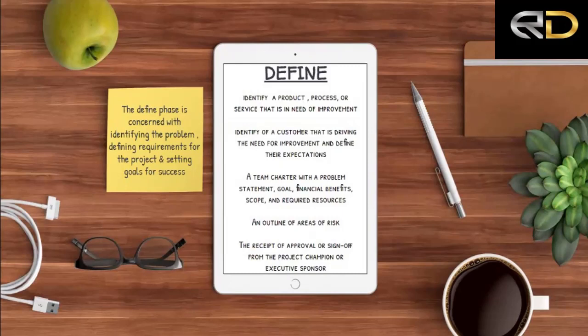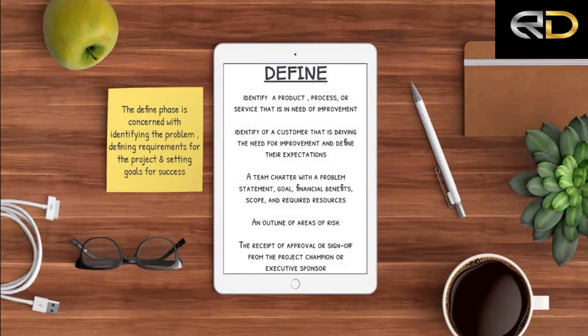When you look at the whole of a Six Sigma project, it's basically common sense to know beforehand what you need to do, because you're about to do something. You should know before you do anything, not only in Six Sigma but in life.